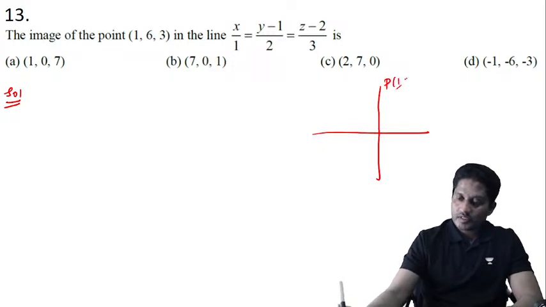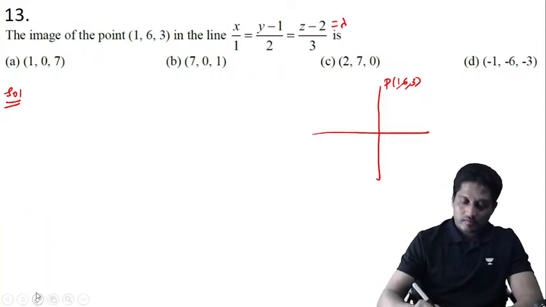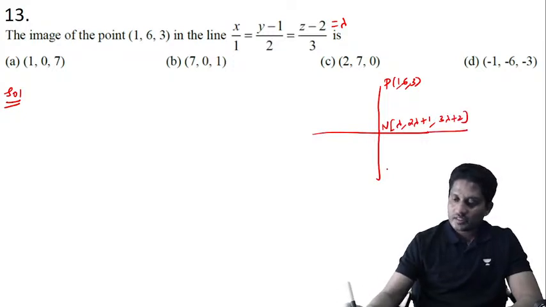Point is 1, 6, 3. Let this be equal to lambda. If I cross multiply, you get lambda, 2 lambda plus 1 and 3 lambda plus 2. Right, and then this is Q, I don't know. Image, I'll take this as x, y, z.